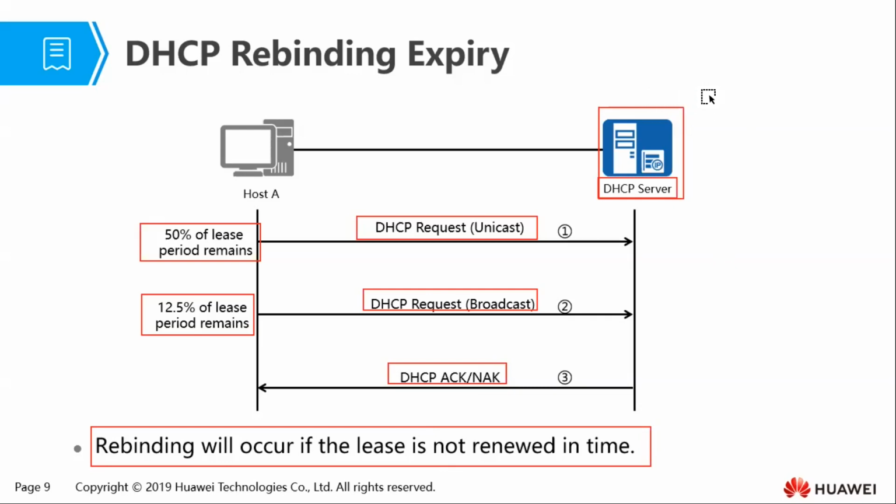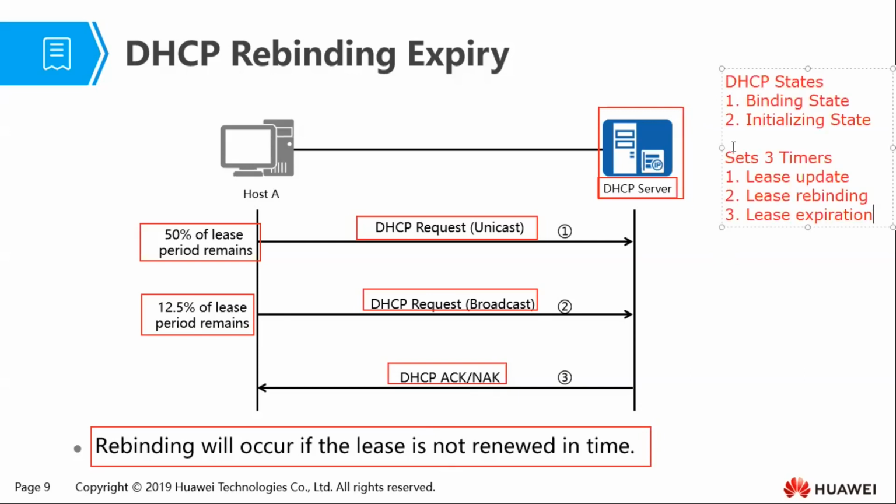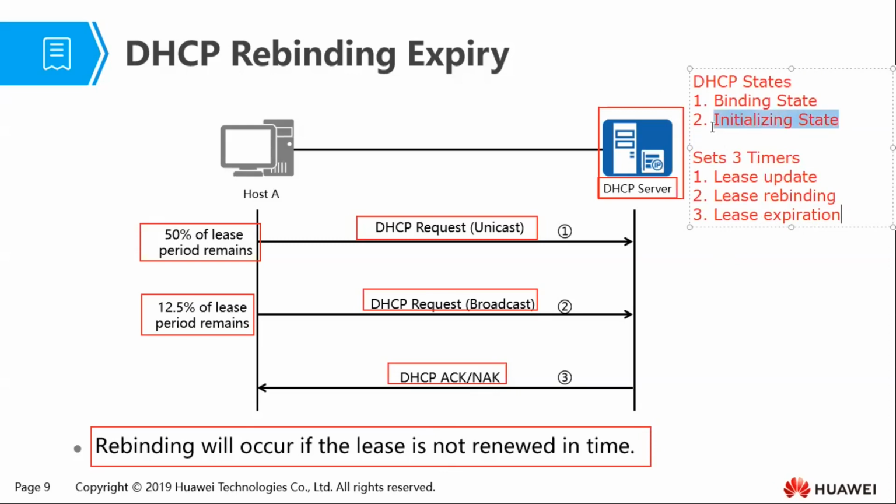Of course, when you get a NAK, you go back to the initializing state and you immediately stop using that IP address. So you have now to request a new IP address if you get a NAK during the rebinding.